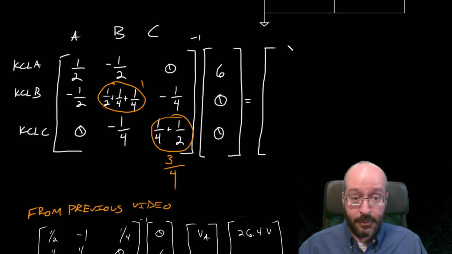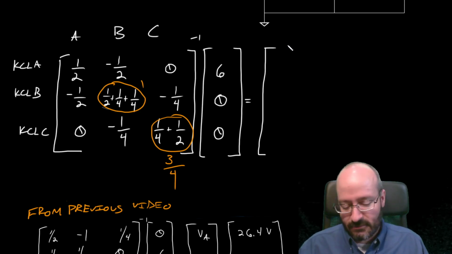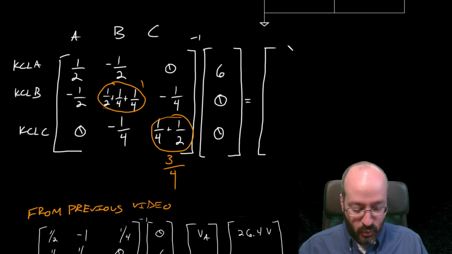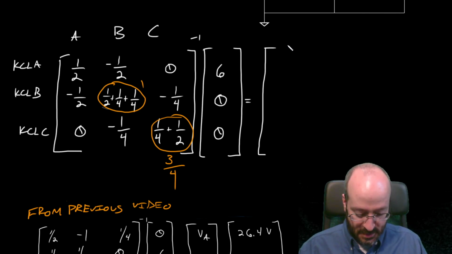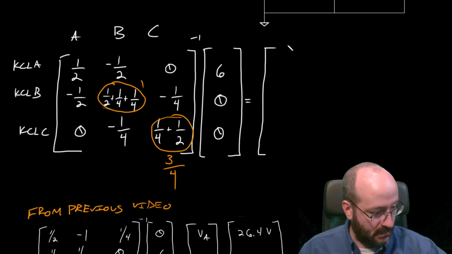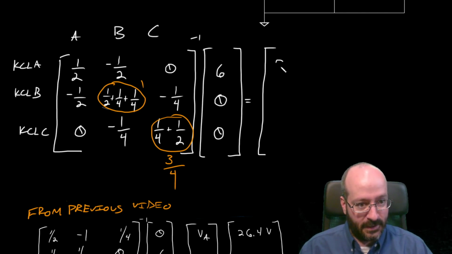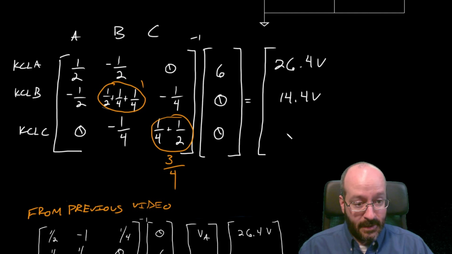Okay, 0.5, -0.5, 0, and 6. -0.5, we should always just check it, to make sure that we not only have equivalent equations, but we get the identical result. -0.25 and 3/4. And holy cow, math works again. 26.4 volts, 14.4 volts, and 4.8 volts.